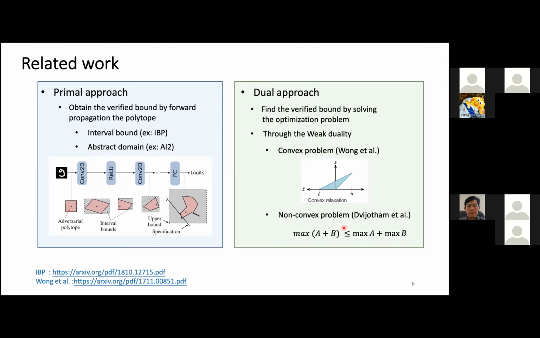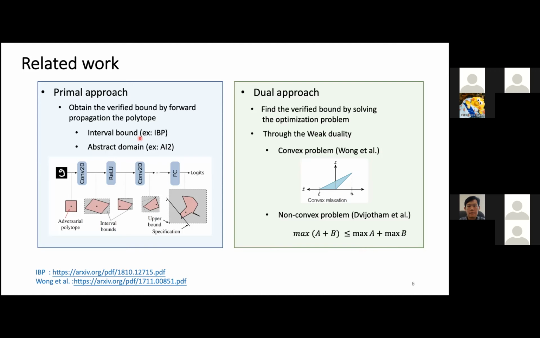They first write the objective function, such as here, but to optimize this is a little hard. So they split it into many terms and optimize them independently. So they can find the verified lower bound.